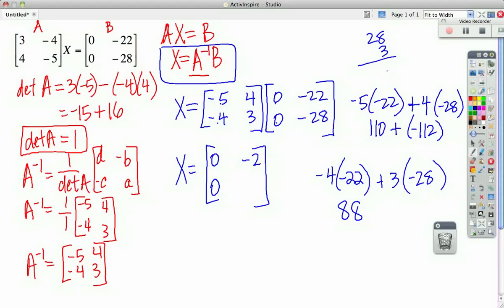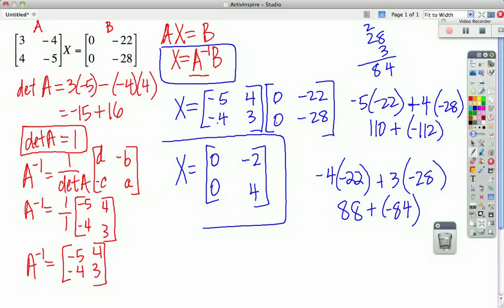So 3 and 28 we get 84. But it's going to be negative, so we have plus -84. 88 and -84 is +4. So the solution to this problem is the matrix 0, -2, and 0, 4.